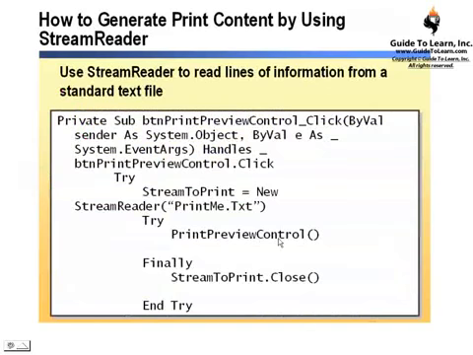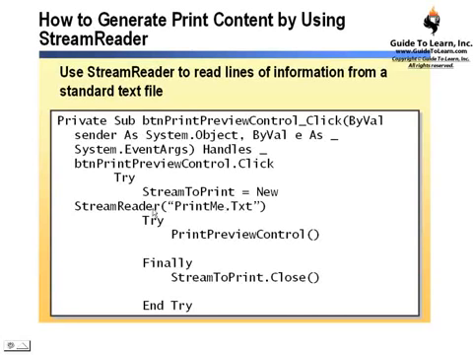This is another example of how to generate print contents by using a stream reader. A stream reader is good in order to read lines of information from a standard text file or an XML file. So as you see, there's a print preview button, obviously. As soon as I click on it, on the stream to print, we are creating a new stream reader. We have talked about this in a previous chapter, obviously.